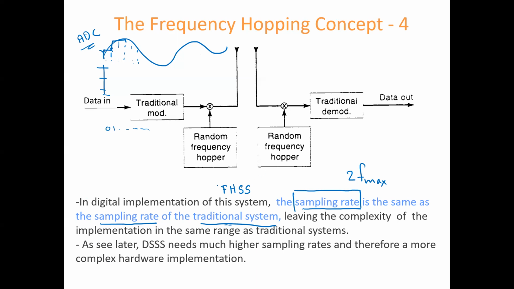So by using frequency hopping, you can observe that we just do the sampling as before, and then we just use the traditional mode, and then we just jump the frequency. That's all. But for another technique we call direct sequence, we have to do something in front before we do the modulation, and it needs a much higher sampling rate in that case. Therefore, a more complex hardware implementation.